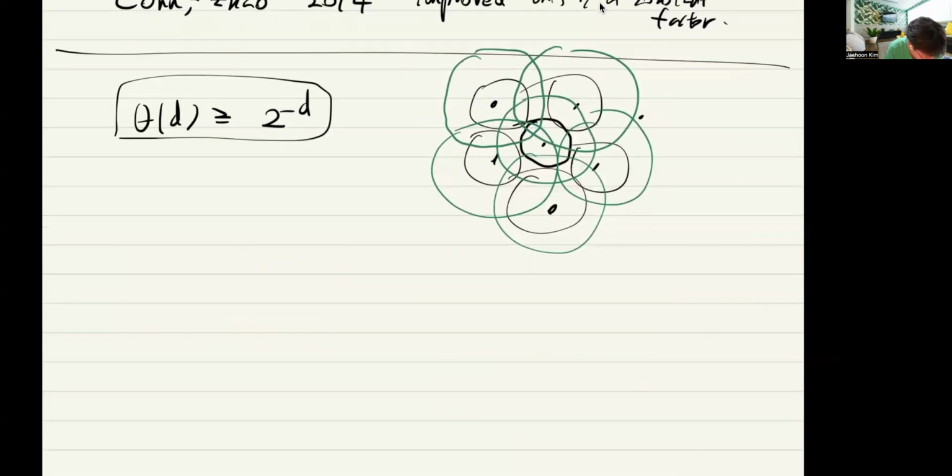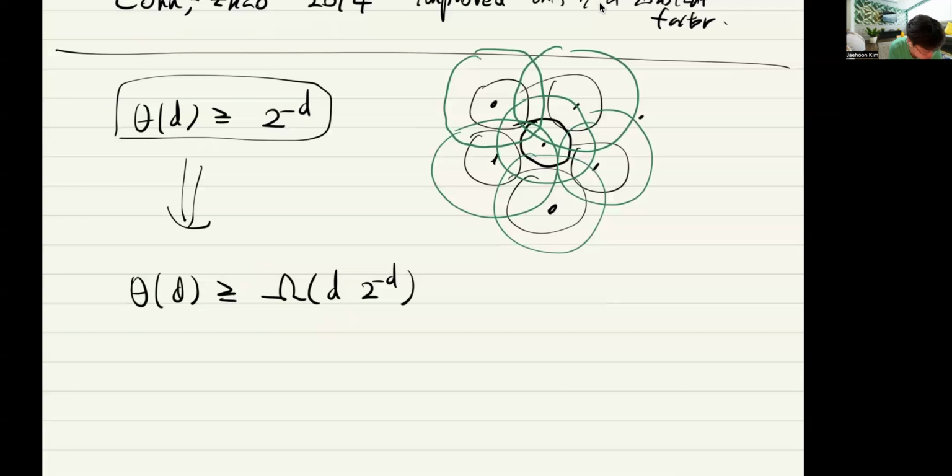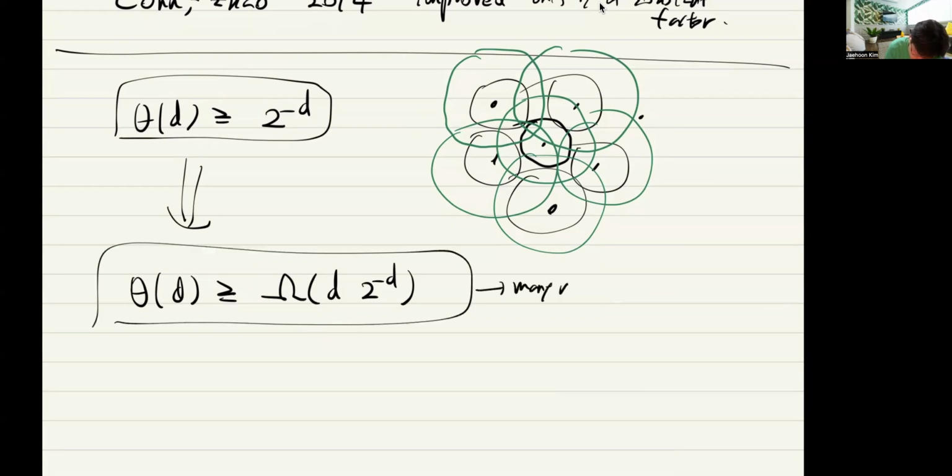And there are several ways to improve this by providing a factor of d in front of it. So there are many results. Essentially, how those results do this resembles what Shearer did.